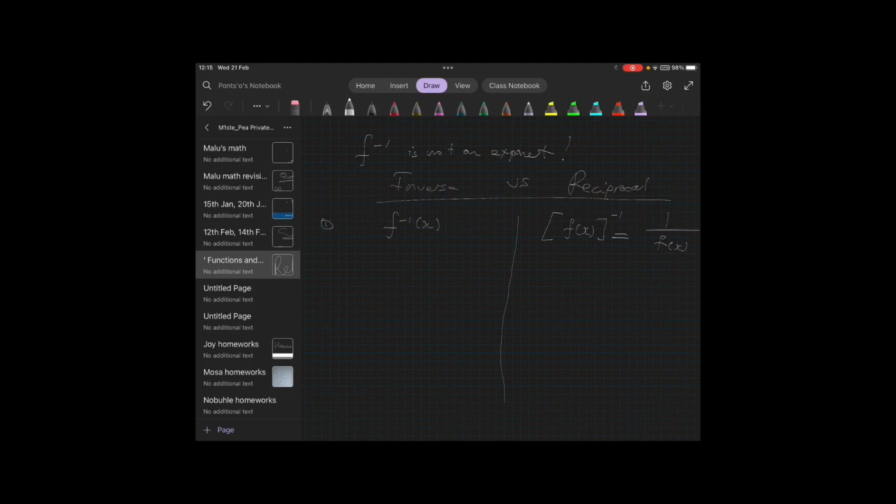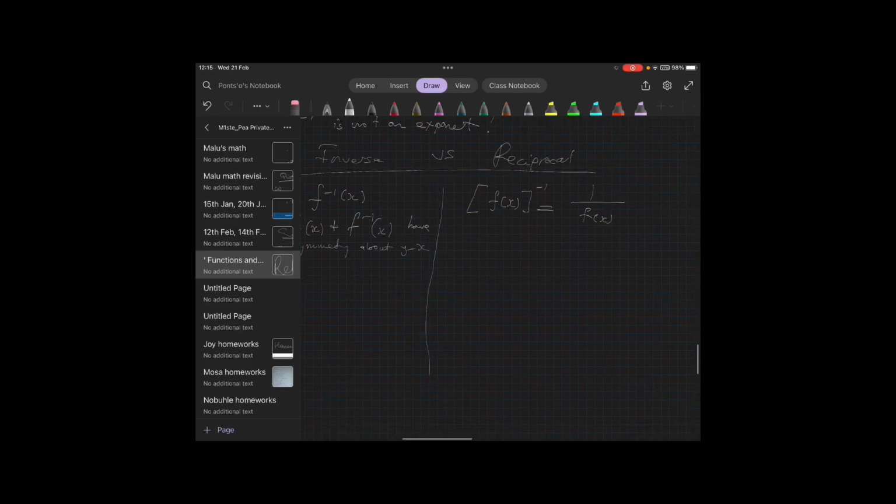The second thing is f of x and f inverse of x are symmetrical, they have symmetry about the line y equals x.